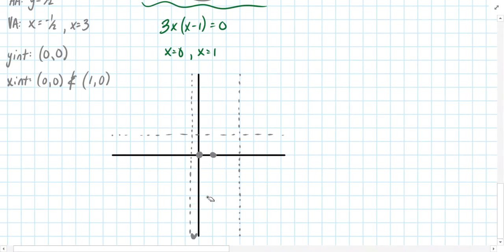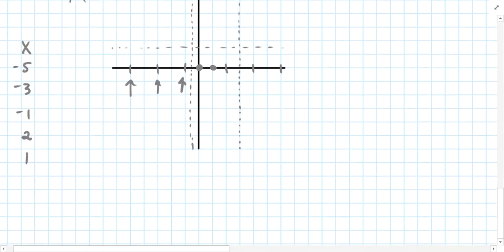I'm going to take this U shape off just in case my guess was incorrect. And let's come up with some test points. So to get an accurate picture, I'm going to use x values of -5, -3, -1. That gives me these data points here. I don't want to use +1 again because I already knew that, so I'm going to jump up to +2, and then 4, and then 6. I think that'll give me a pretty good idea of what we're dealing with.